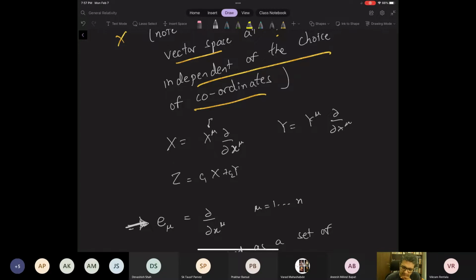This gives me a third vector, c1 X^mu plus c2 Y^mu, times partial_mu, which I can define as my Z^mu coefficients. So basically this has given me a third vector, which is different from the other two.